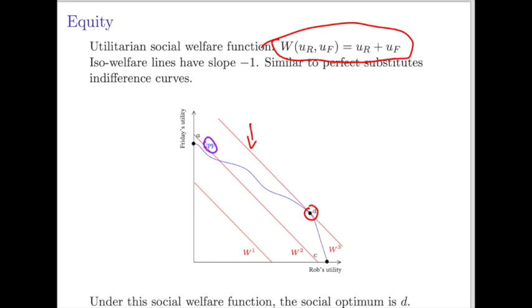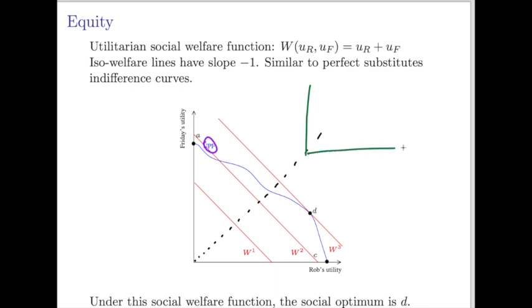Now, if we had instead done this with the Rawlsian social welfare function, well, we would look at the 45-degree line, and remember the indifference curves would be L-shaped, and they would have the corners lined up along those 45-degree lines.